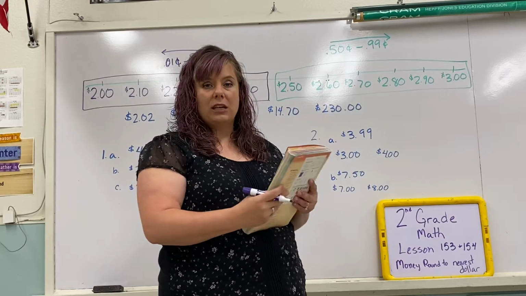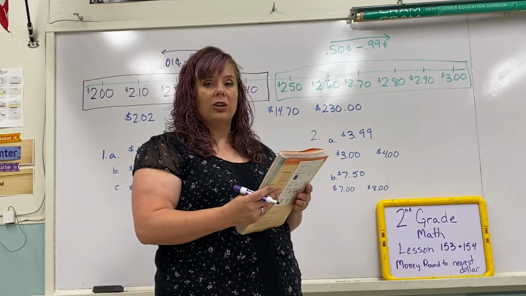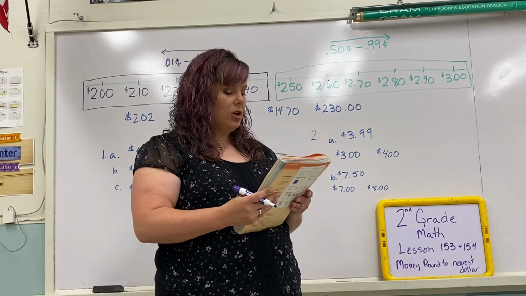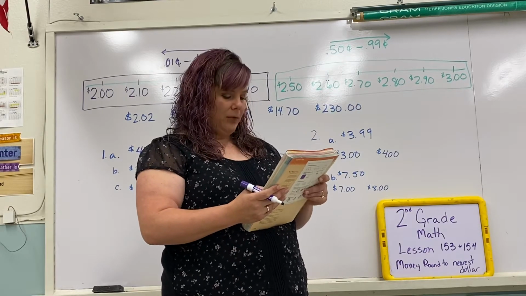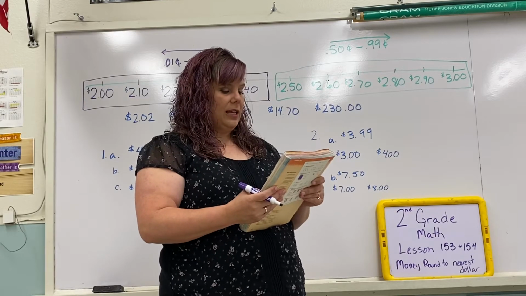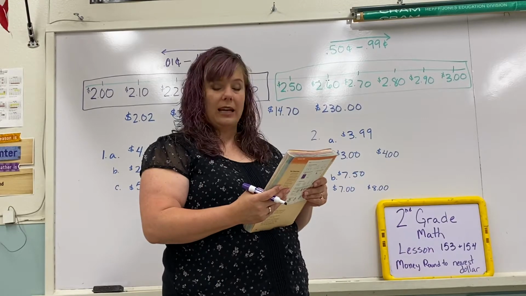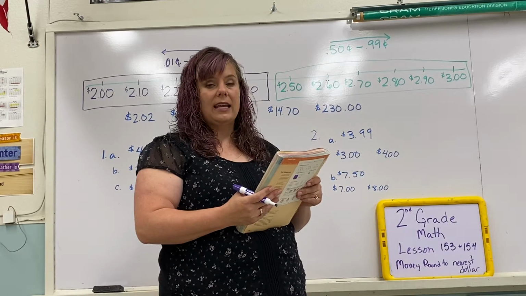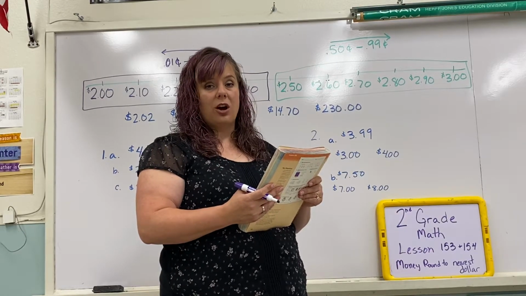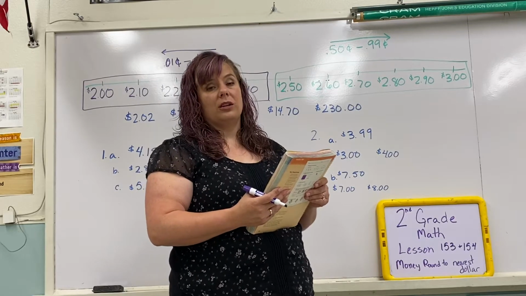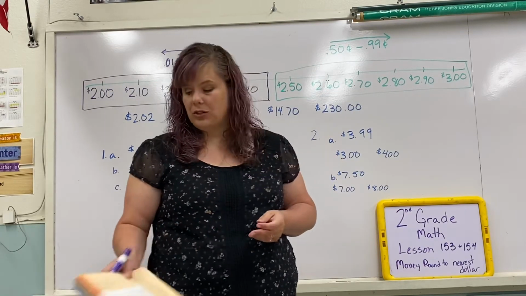So if it's asking you to round to the nearest dollar, it's going to have no cents. So the first thing you want to do on page 312 is you're going to look at each of those numbers, and you're going to decide, is it rounded to the nearest dollar? Because if it is rounded to the nearest dollar, then it's going to have no cents.